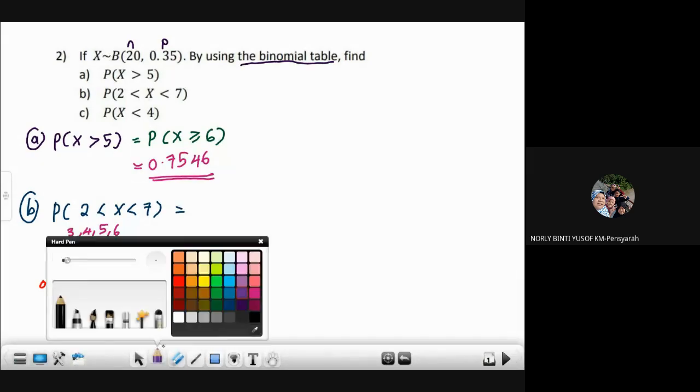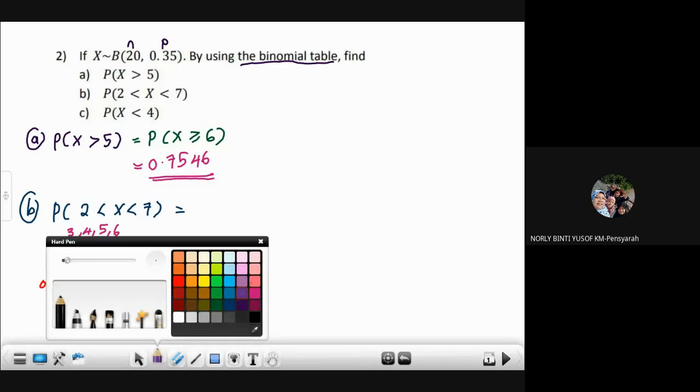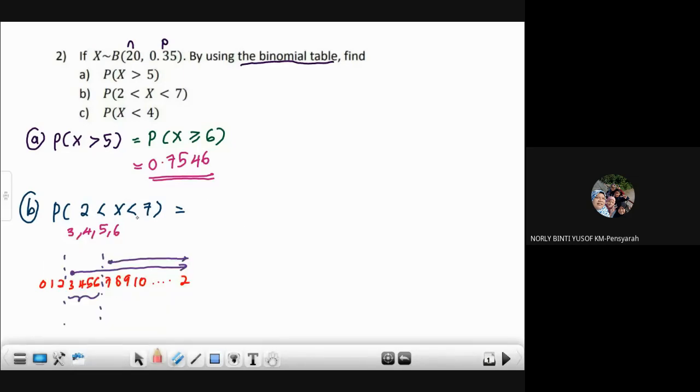Okay, tapi you nak menggunakan konsep greater or equals to. So dekat situ you akan ambil greater than 3. Greater than 3 tolak dengan greater than 7. Sebab tak boleh ambil greater than 6 sebab you nak kawasan yang ini. Itu konsep dia. Jadi kat sini, kalau in between ni tak ada sama dengan lah.